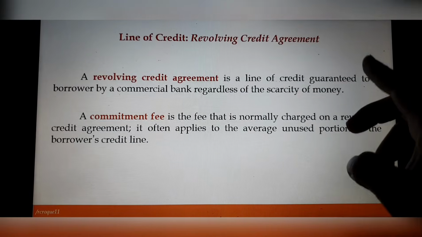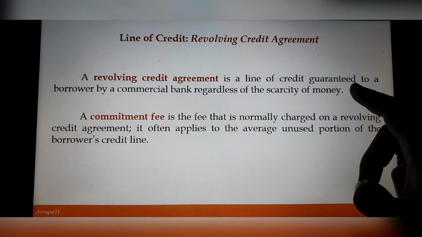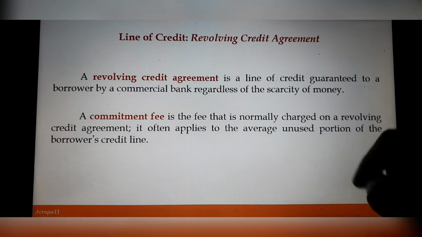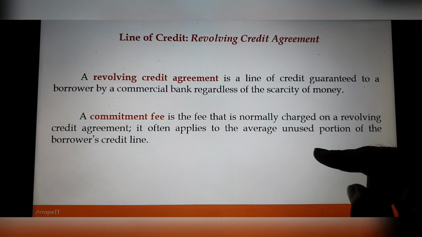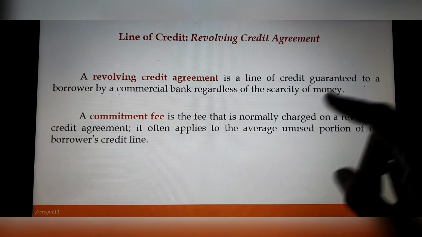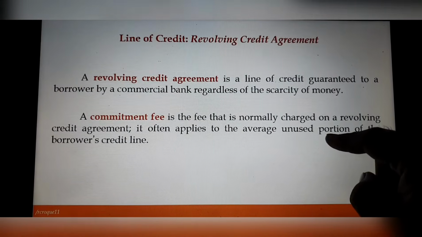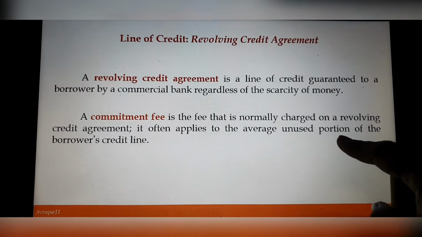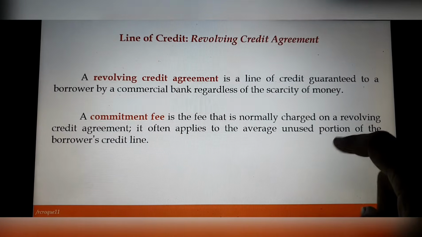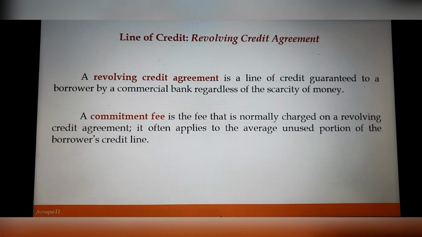For example, 2 million ang credit line, pero ang baborrow lang ng organization or ng firm ay 1.5 million. Ibig sabihin, may 500,000 na unused. So you have to pay for the commitment fee dun sa unused portion only. Plus, of course, the interest dun sa talagang hiniram mo na 1.5 million.